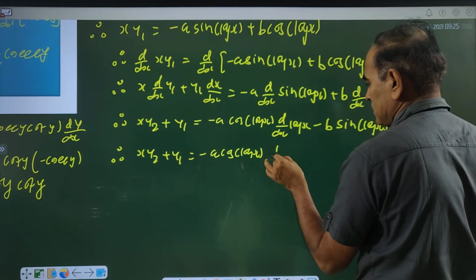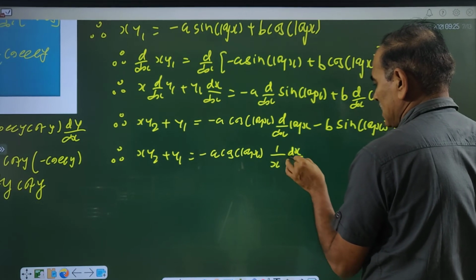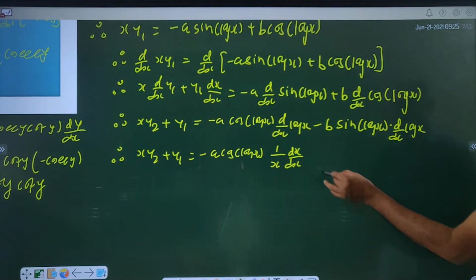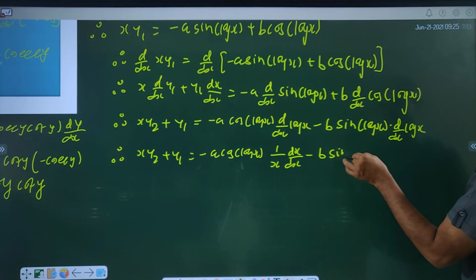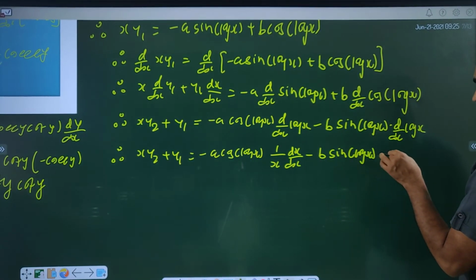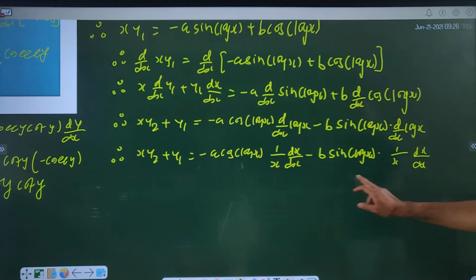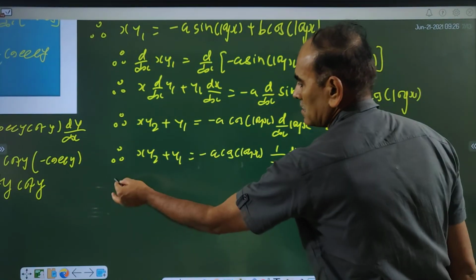into 1 by some function, d by dx of some function, minus b sin log x into 1 by some function, d by dx of some function. Once again x is there, take it on the left-hand side.